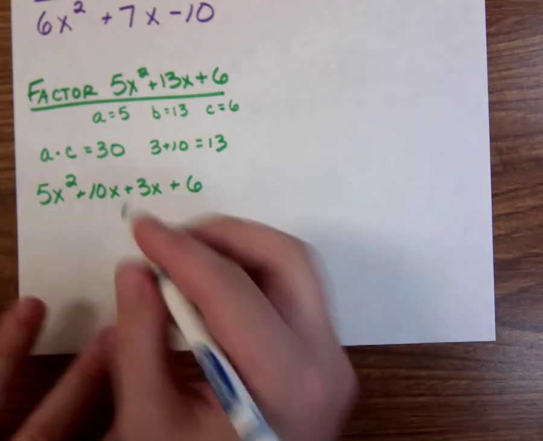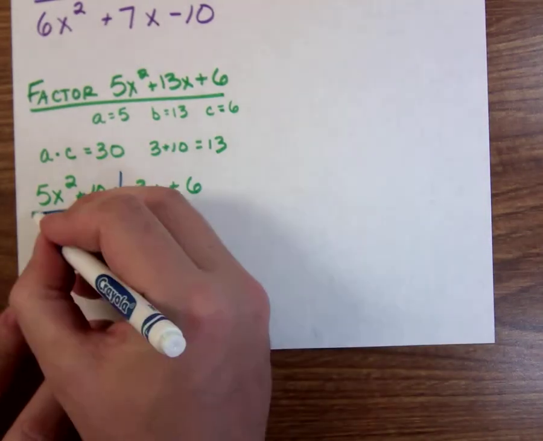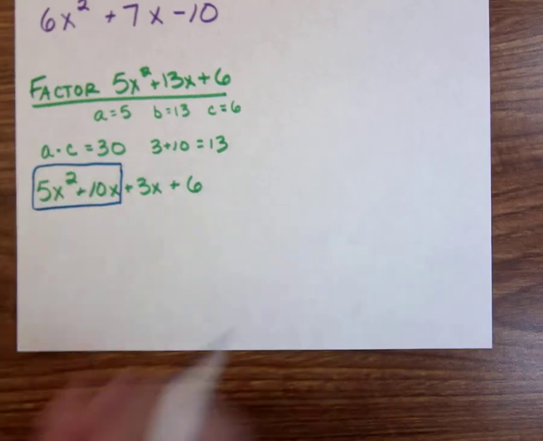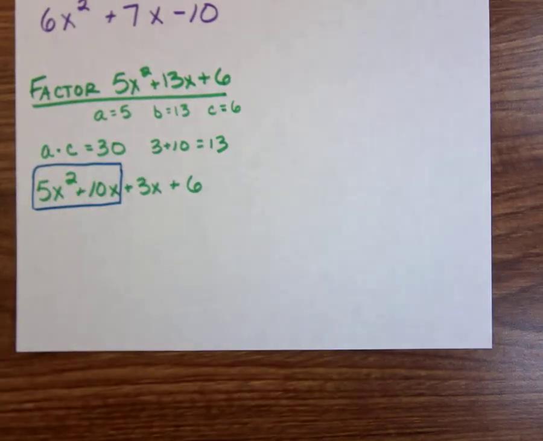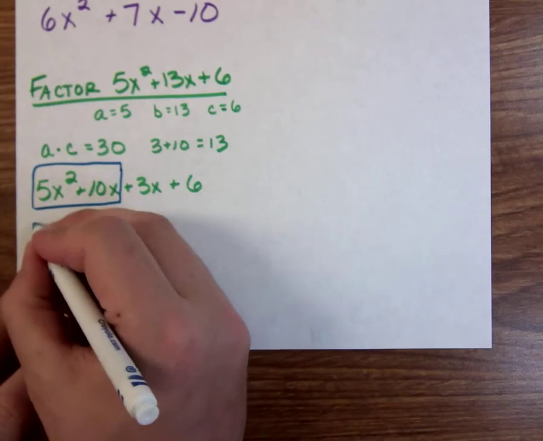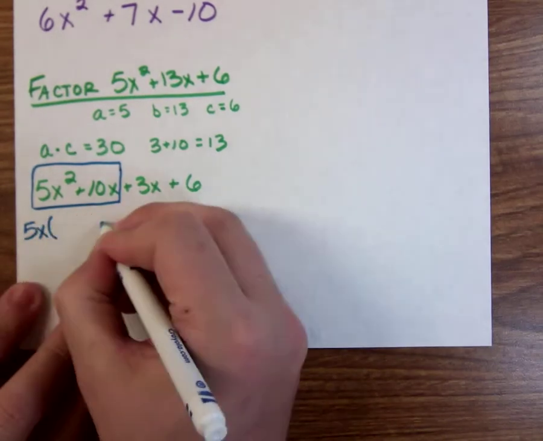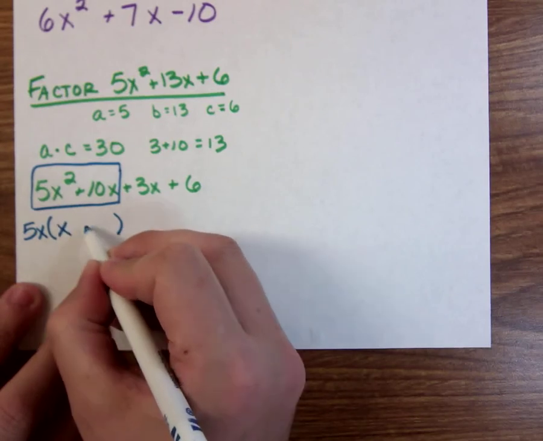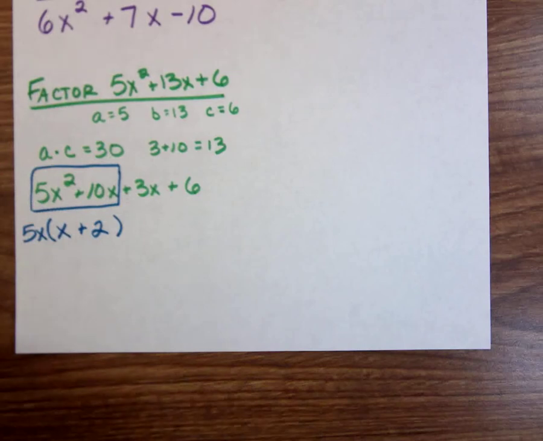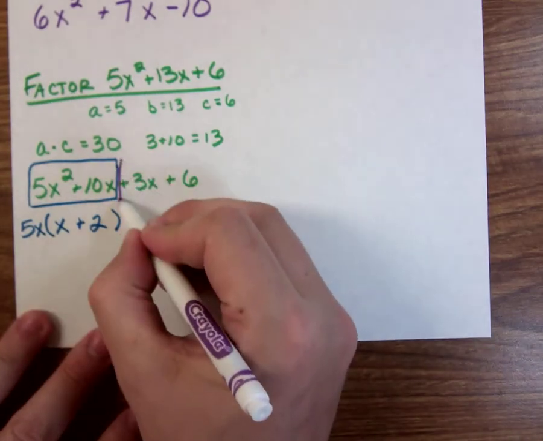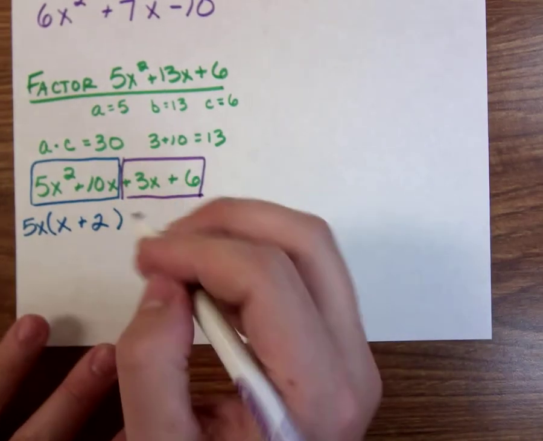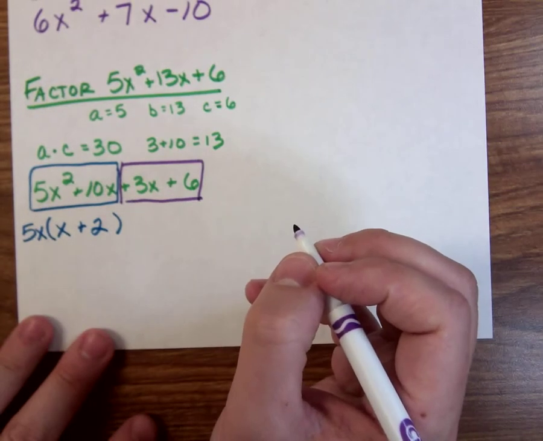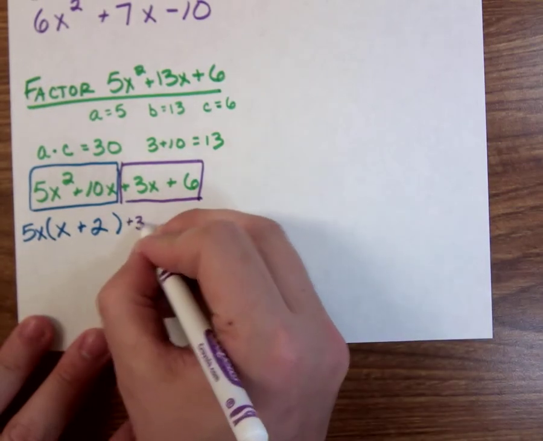All right, let's group them. What's the GCF of those two? How about 5x? That sounds good. Leaving me with x. Good. Okay, let's group the next two. 3 is the GCF.